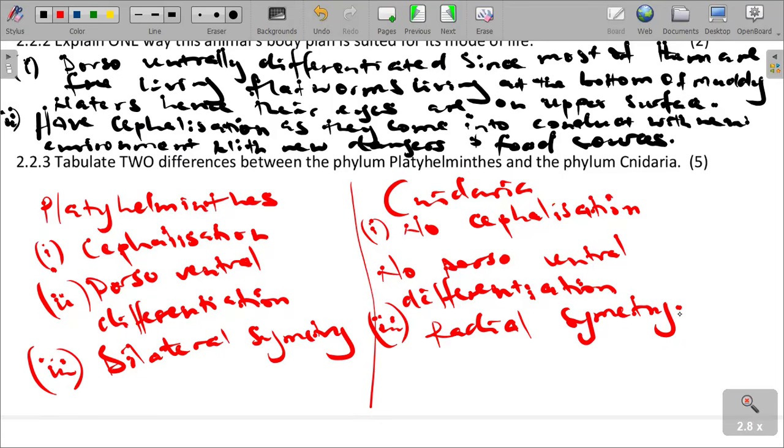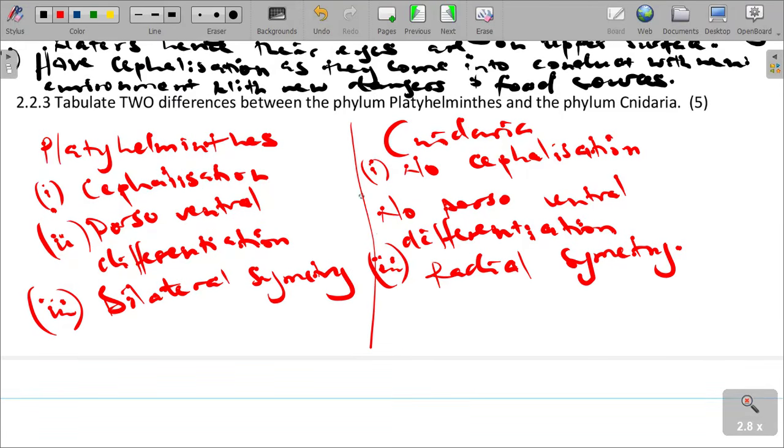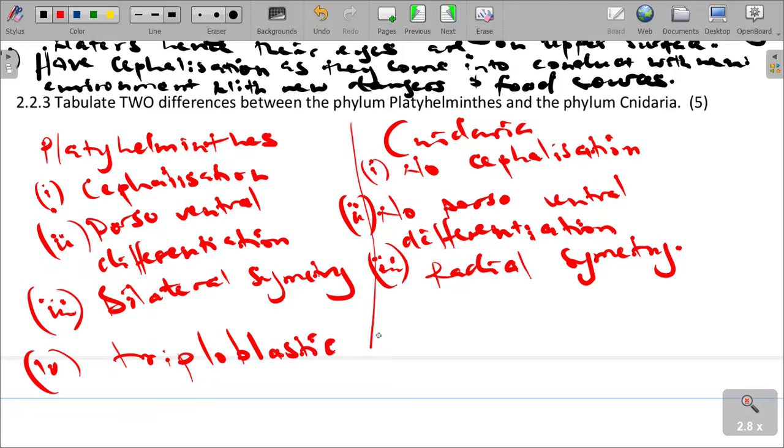But of course, to finish up, I can give a fourth difference: triploblastic versus diploblastic.